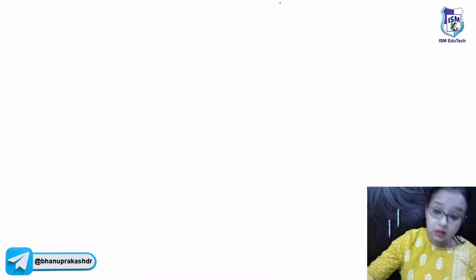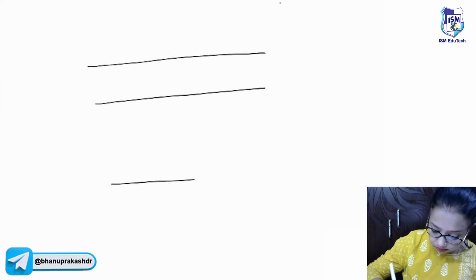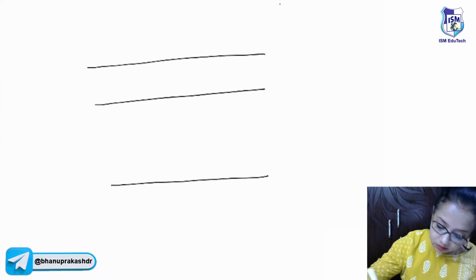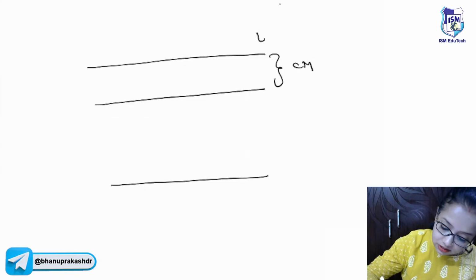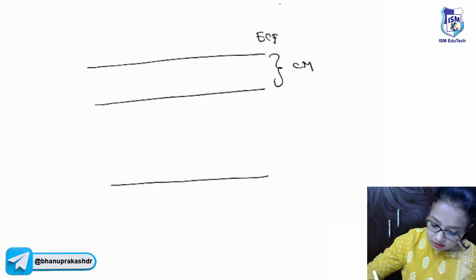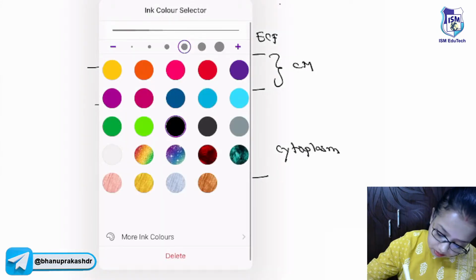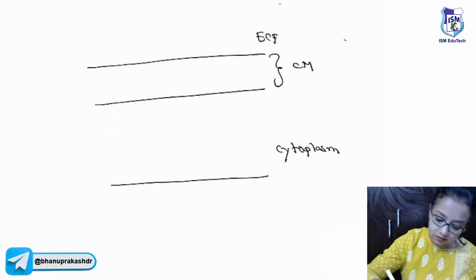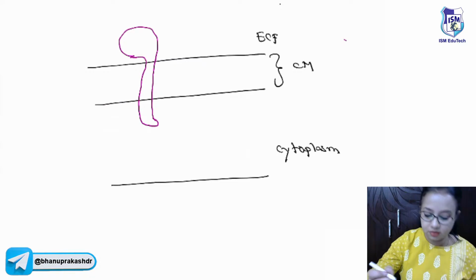Okay, say this is our cell membrane. So this is the cell membrane, this is the ECF, and this is the cytoplasm, obviously the ICF part of it. Now if I draw this, the beta subunit is something like this.